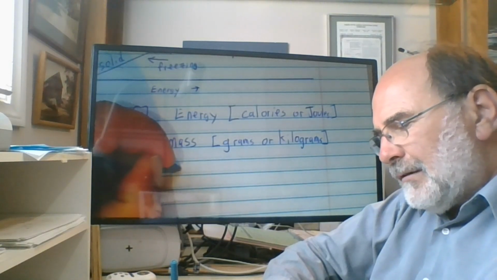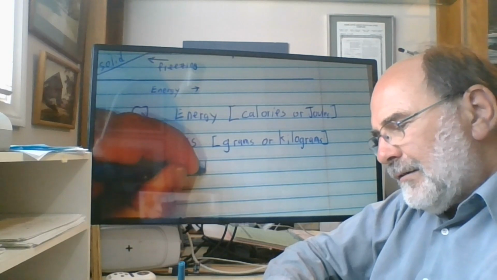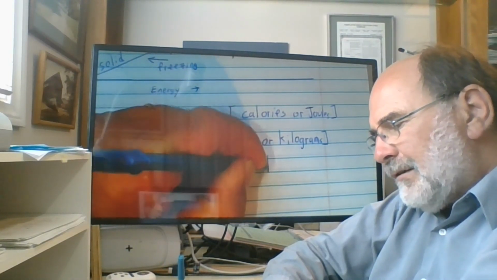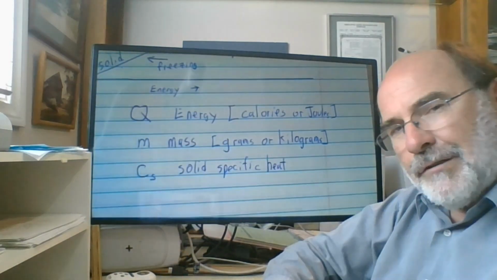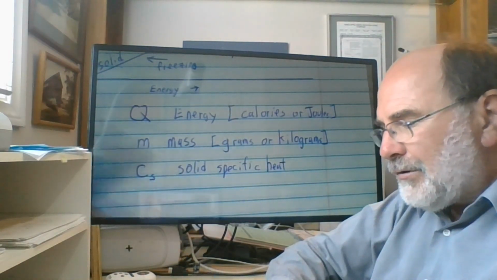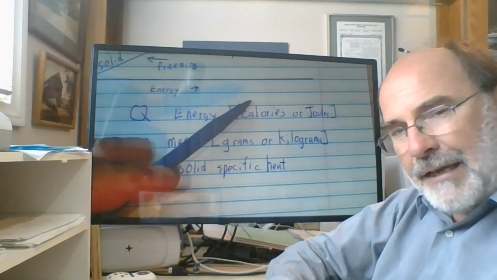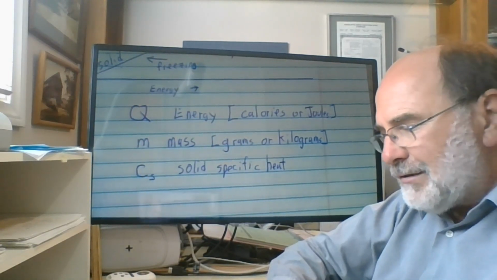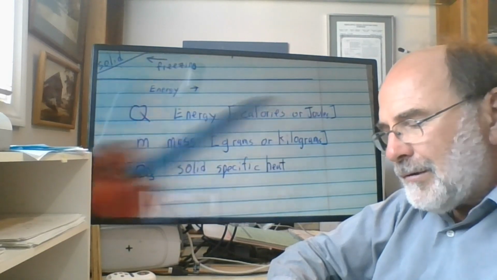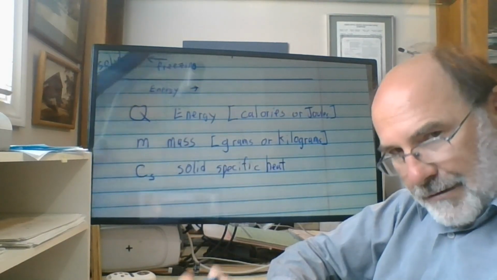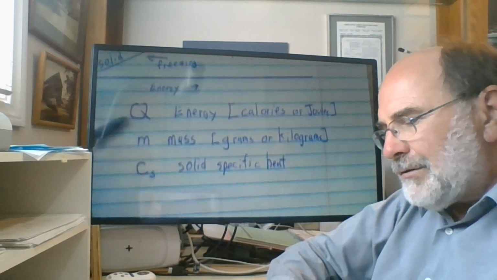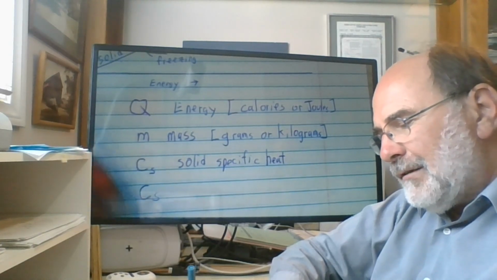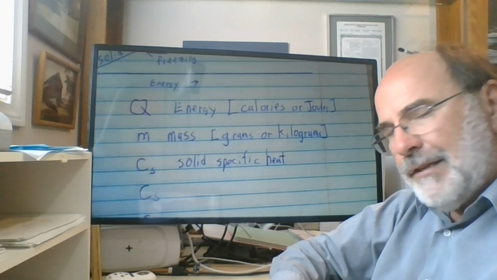So solid specific heat, and then you have to worry about what are the correct units for it. So in the units that deal with calories, you have to have the specific heat in the matching units, and the units that deal with joules, you have to deal with the specific heat in the matching units of joules. So there's the specific heat of the solid, the specific heat of the liquid, and the specific heat of the gas.